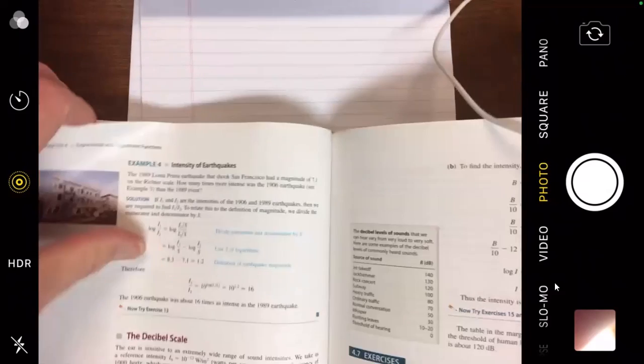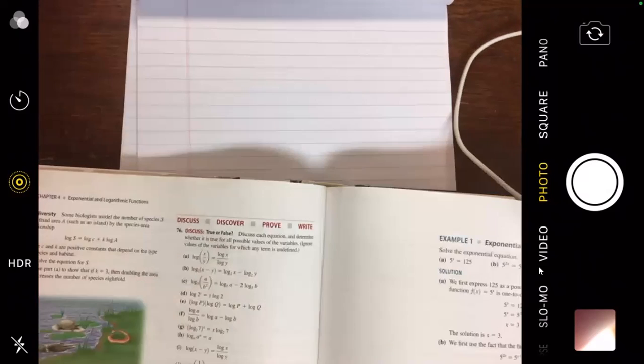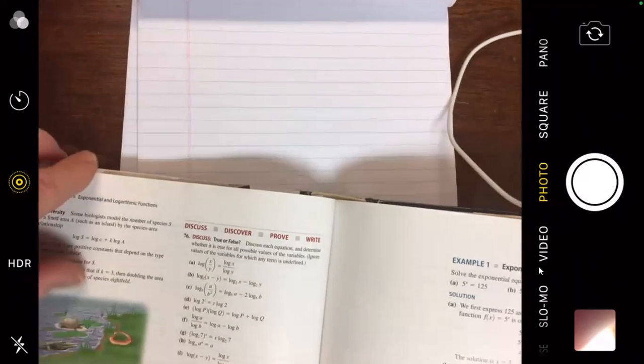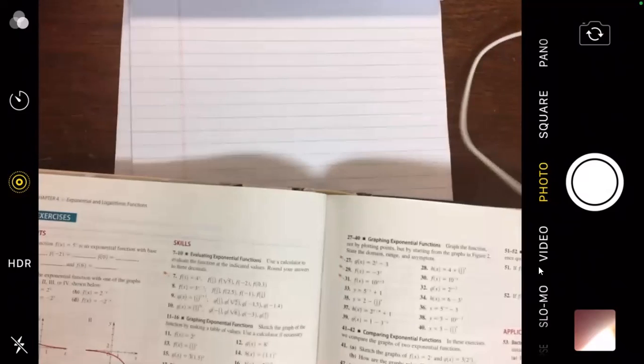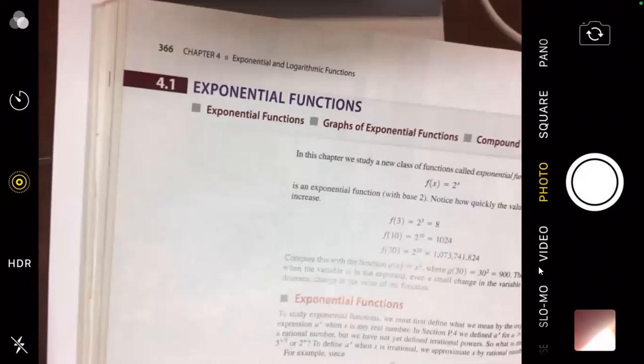I can show you the book underneath it. I can write. So class is going to start at section 4.1, with exponential functions. Chapter 4 is a repeat of our college algebra chapter 4.